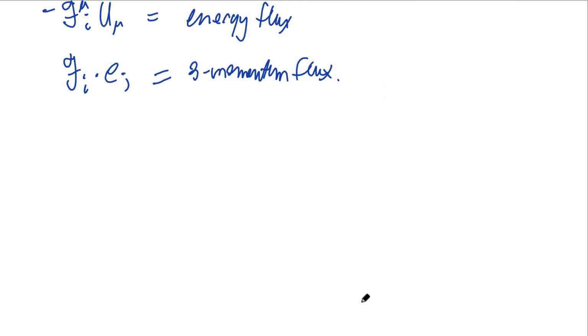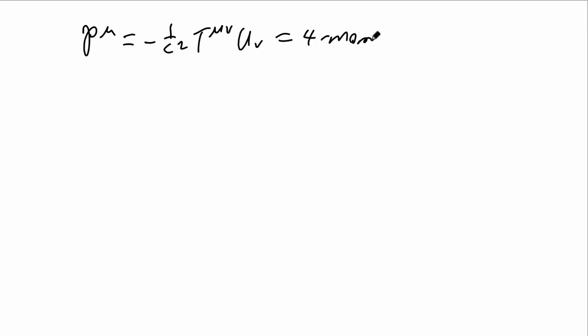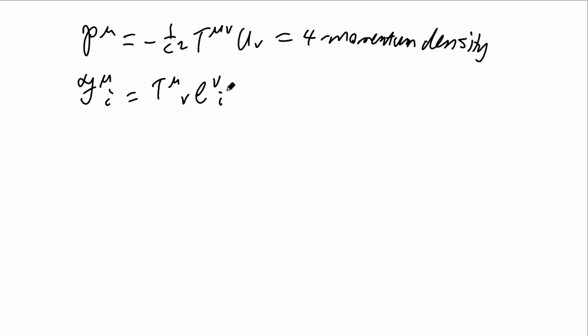Let me summarize once again the general definitions. We have the four momentum density, that's minus 1 over c squared T^μν u_ν, it's four momentum density. The four momentum flux is T^μν e_ν^I. That's the four momentum flux in the I direction.